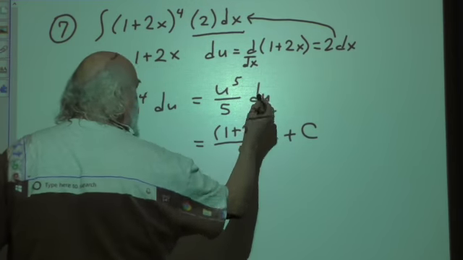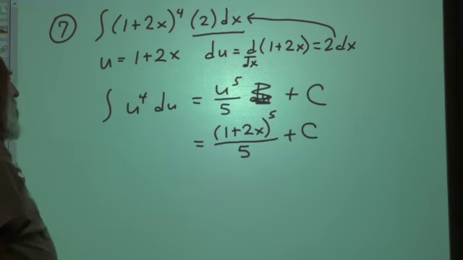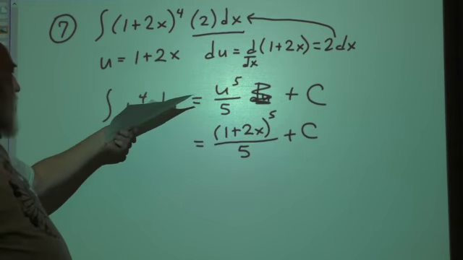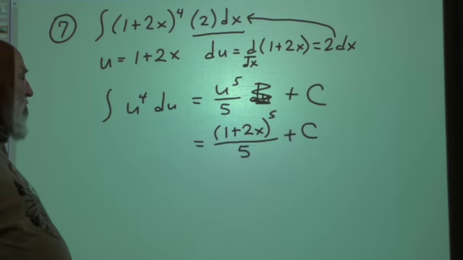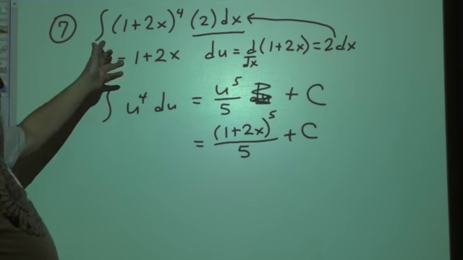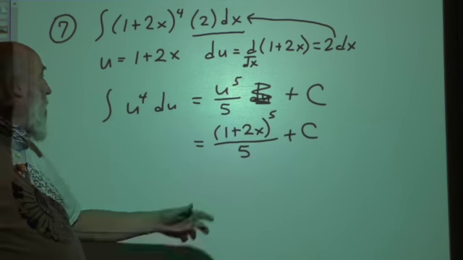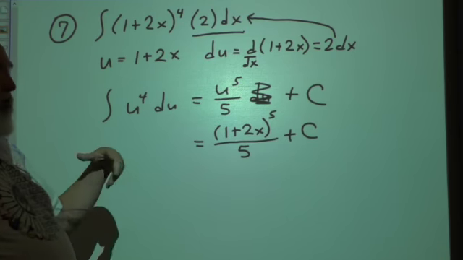And actually this is not correct, this is plus c is what I should have there. You add 1 to the exponent and divide by the new exponent, which is u to the 5th over 5, plus c, and then you replace 1 plus 2x for u, and you get (1 plus 2x) to the 5th power over 5, plus your constant.